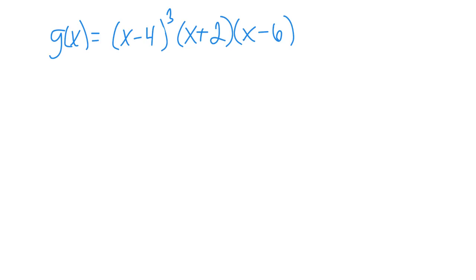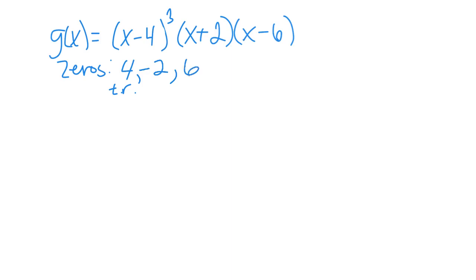So let's look at our zeros. They're going to be positive 4, which happens to be a triple root because it's to the third power here. So 4 is going to be a triple root. It's going to make that snaking motion. A single root of negative 2 and a single root of positive 6.